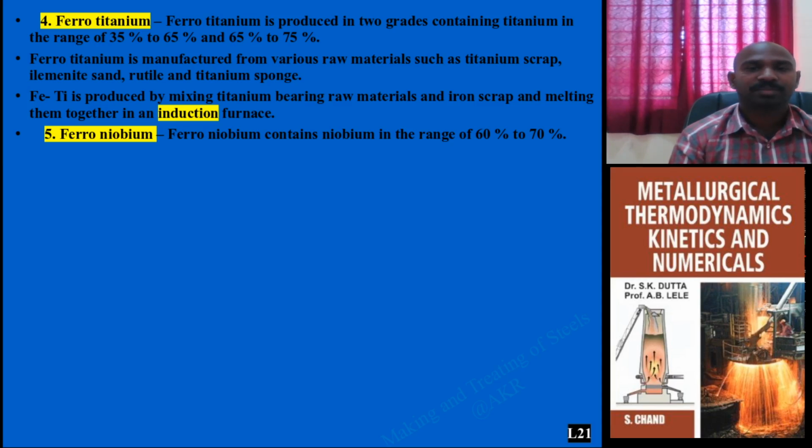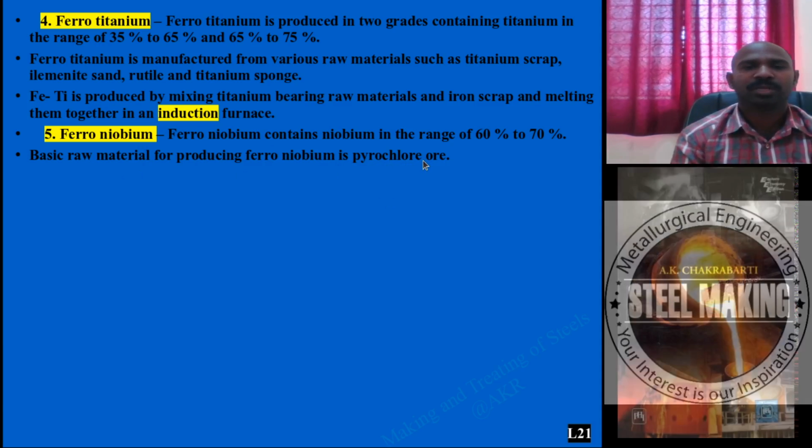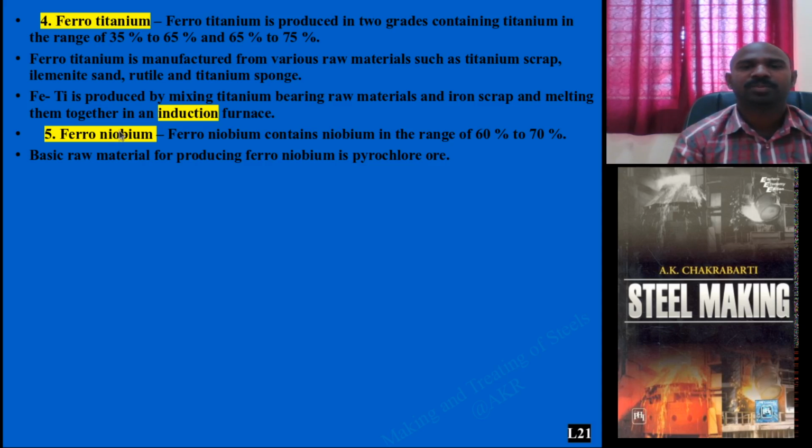How do you acquire the niobium? Now coming to the iron scrap you use. The basic raw material for niobium is pyrochlore ore, which is the source of niobium, where tantalum and niobium are associated.